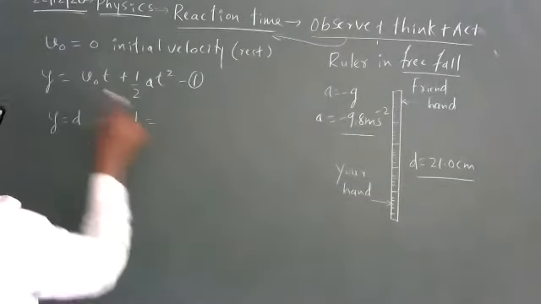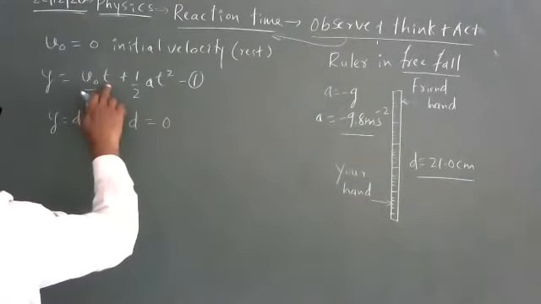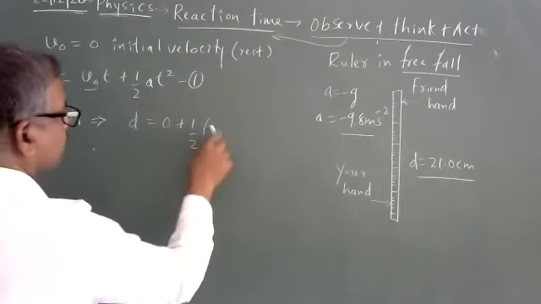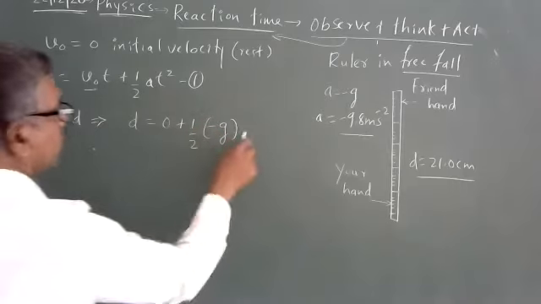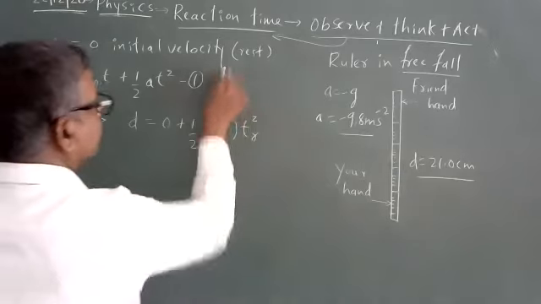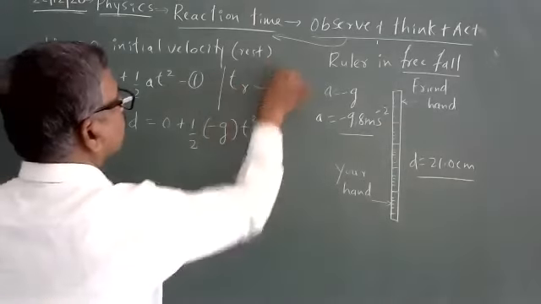Now this term becomes 0, since the initial velocity is 0. Plus one by two, the acceleration becomes minus g, and the time becomes t subscript R squared, where t R stands for reaction time.